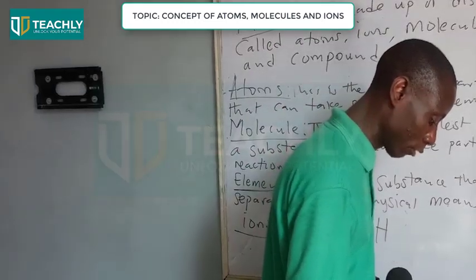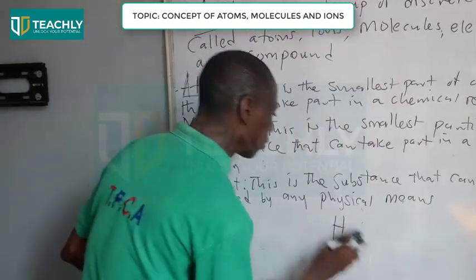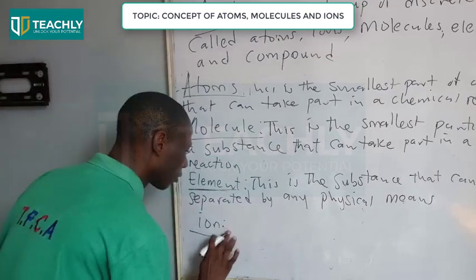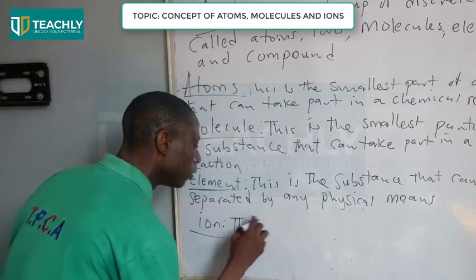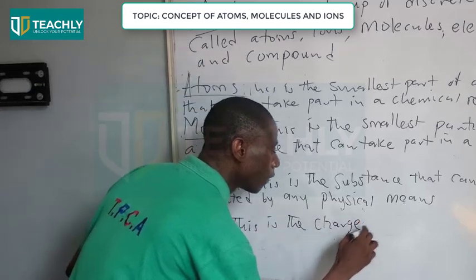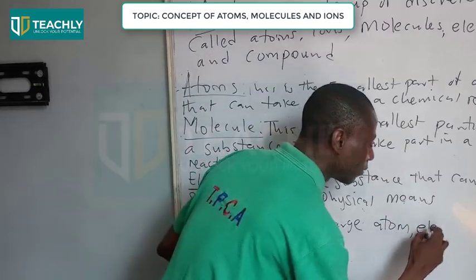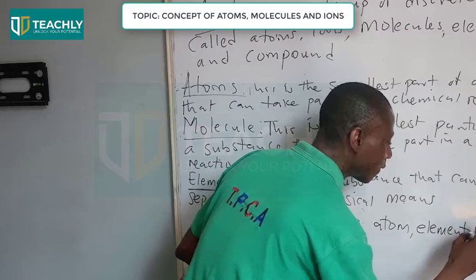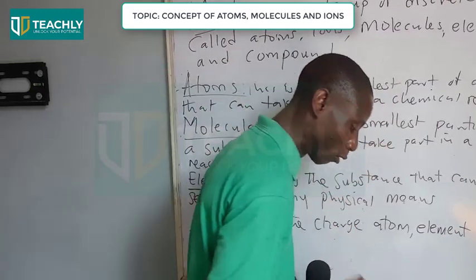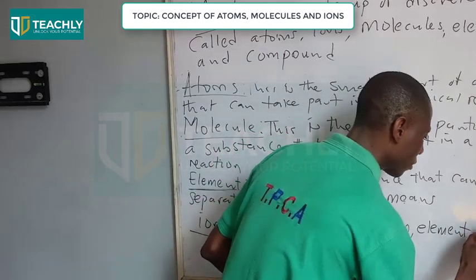So generally, ion is referred to as a charged atom, element, or compound.